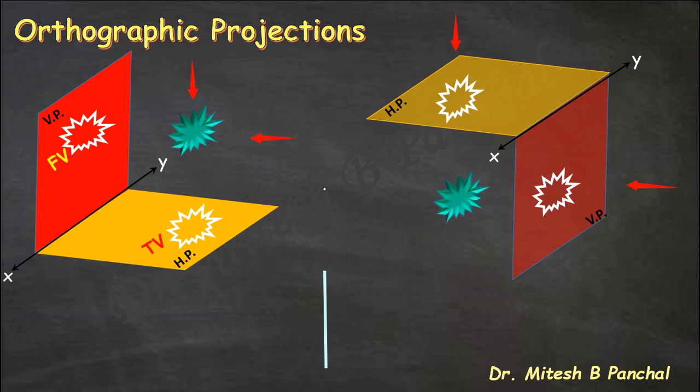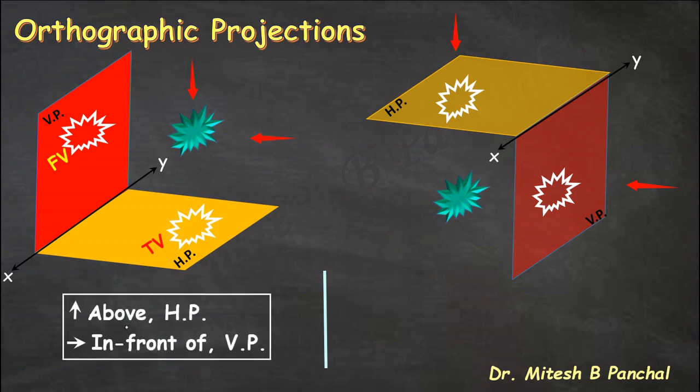Right? So because of that reason, in first angle projection system, we are considering both the reference planes as opaque, while in this case both the reference planes are transparent.